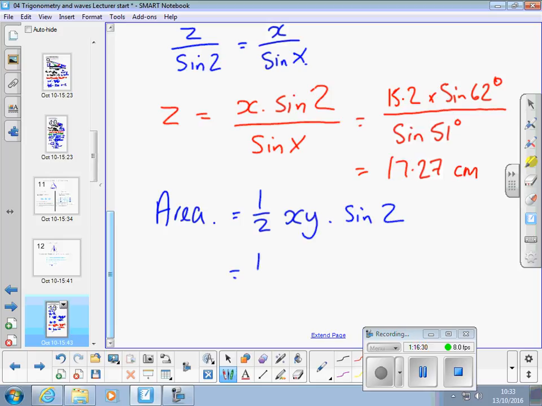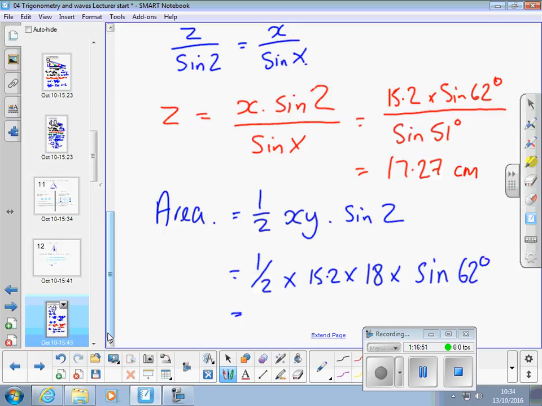So that is a half times x, which was 15.2, times y, 18, times the sine of z, which was 62 degrees, wasn't it?